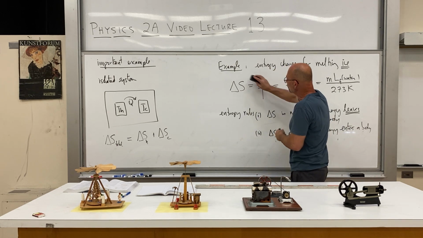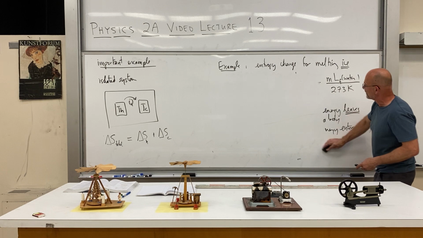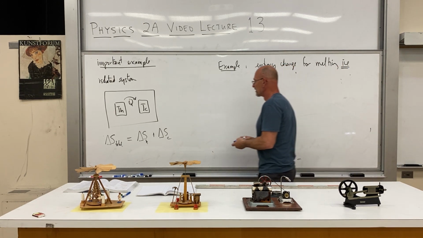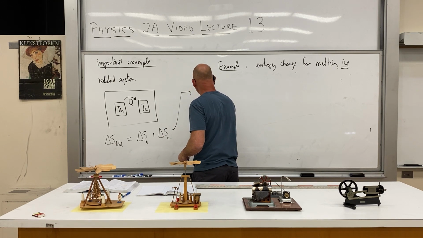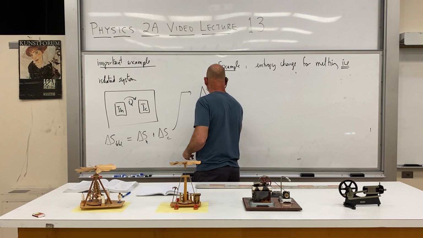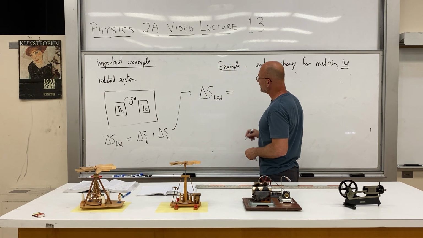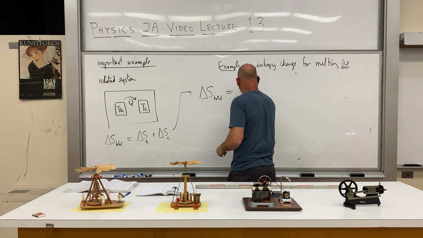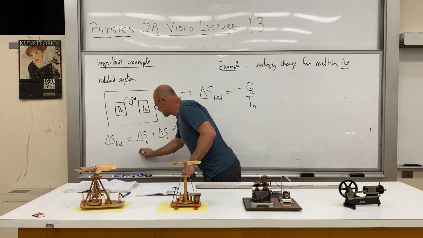And I'm going to apply these rules right here. So delta S total is equal to, now from our definition, since it's leaving the hot side, minus Q over T_H.